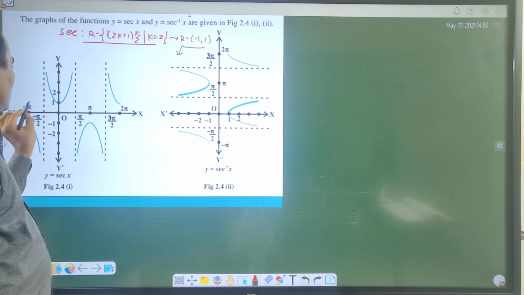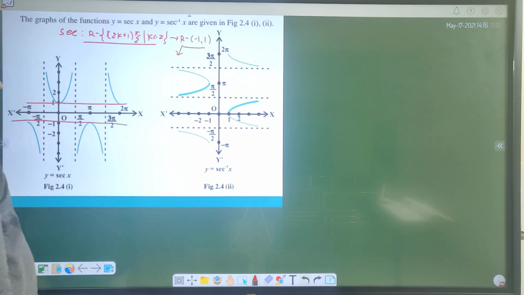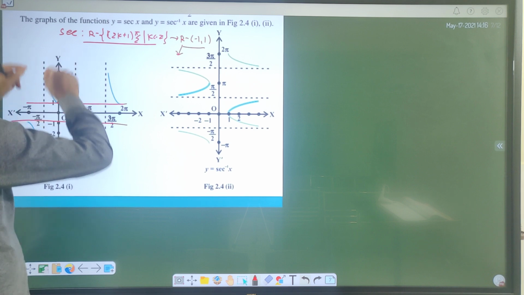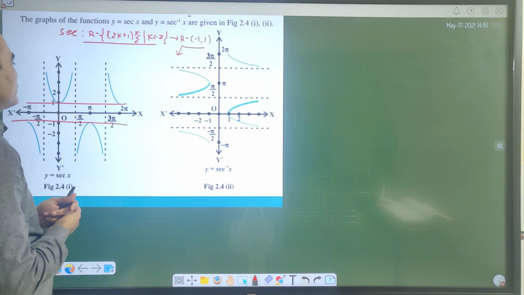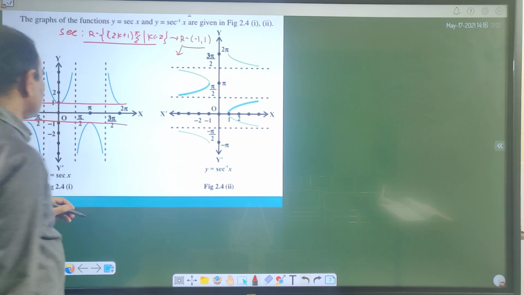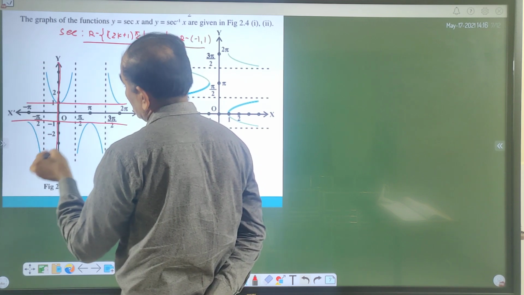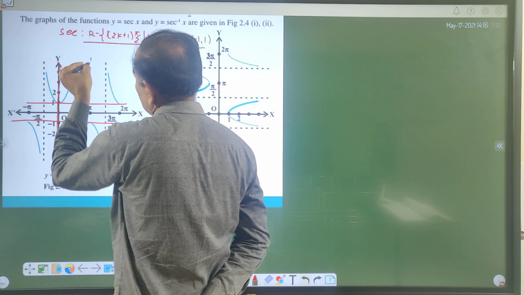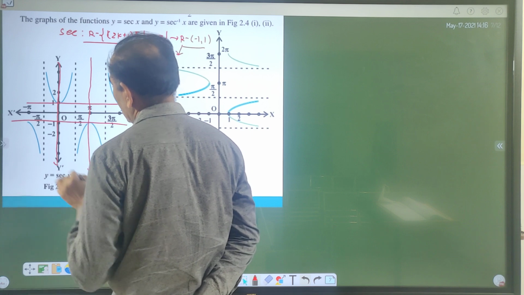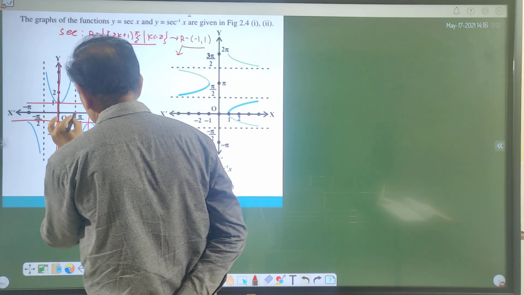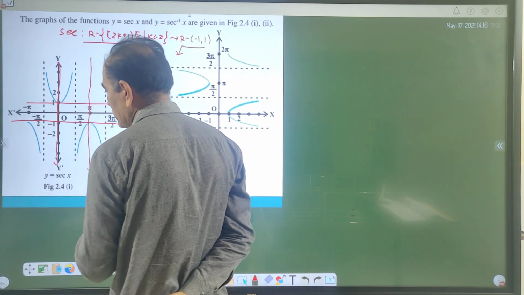See, this function, if you observe, here 1 and here minus 1. If you rotate it, that is the graph of y is equal to cos x. Now see here, once again, for the principal part, restrict this domain, x is equal to 0, x is equal to pi, except this pi by 2. At pi by 2, the function is not defined.